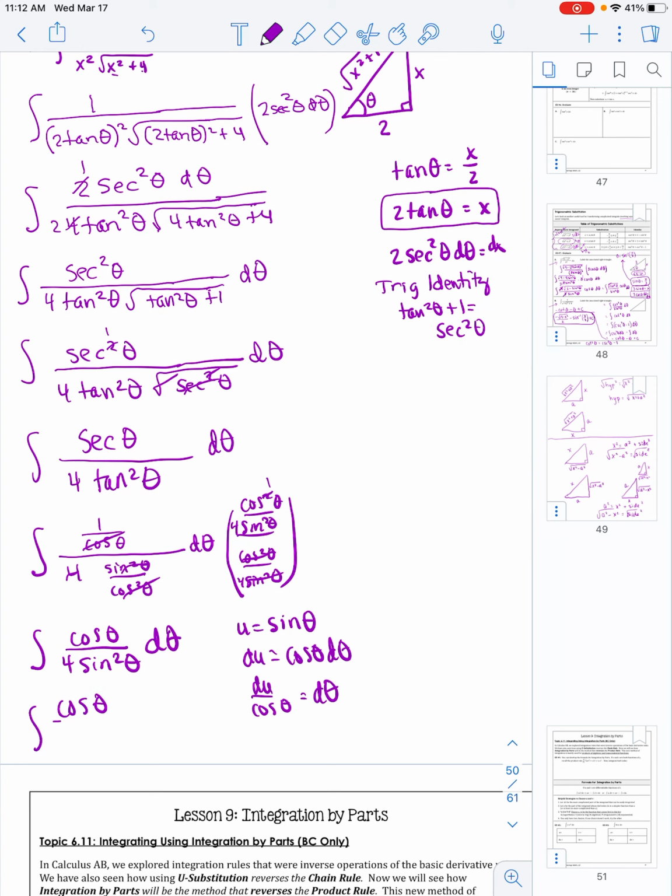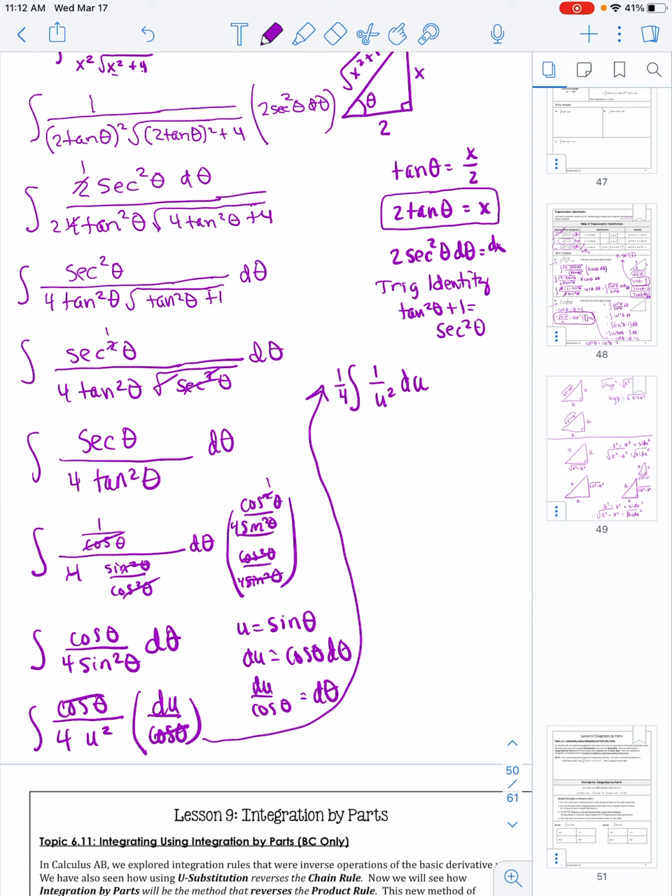So this will be integral of cosine theta over 4 u squared du over cosine theta, and your cosine thetas cancel. So that leaves us with the integral. And I'm going to pull that 1/4 out front. 1 over u squared du.